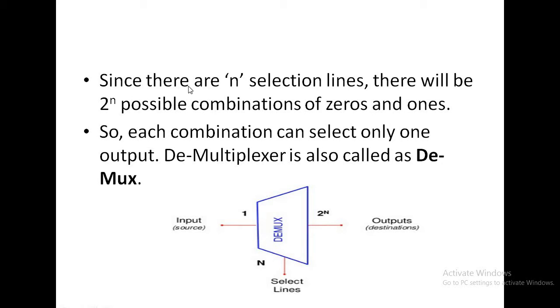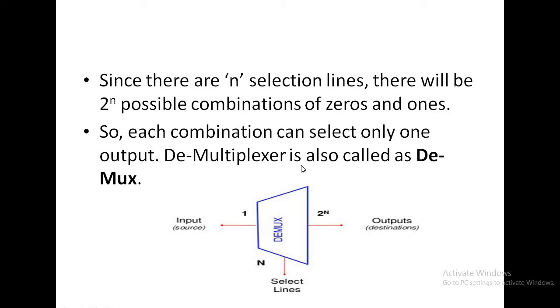Since there are n selection lines, there will be 2 to the power n possible combinations of zeros and ones. Each combination can select only one output. At a time, only one output is selected.